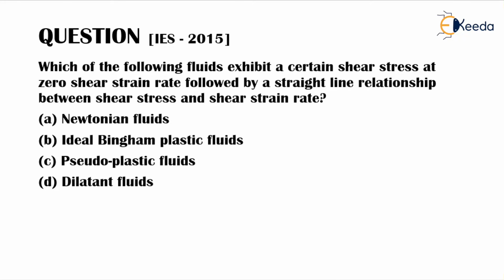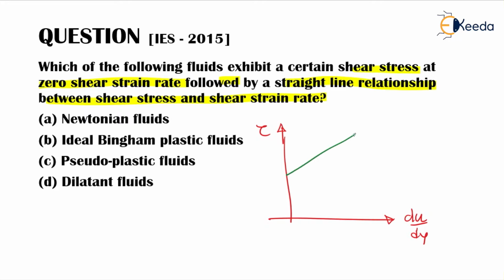Now, which of the following fluids exhibits a certain shear stress at zero shear strain rate followed by a straight line relationship between shear stress and shear strain rate? So if you remember, if we want to draw a diagram between du over dy and tau, there is one fluid which will show a behavior like this.